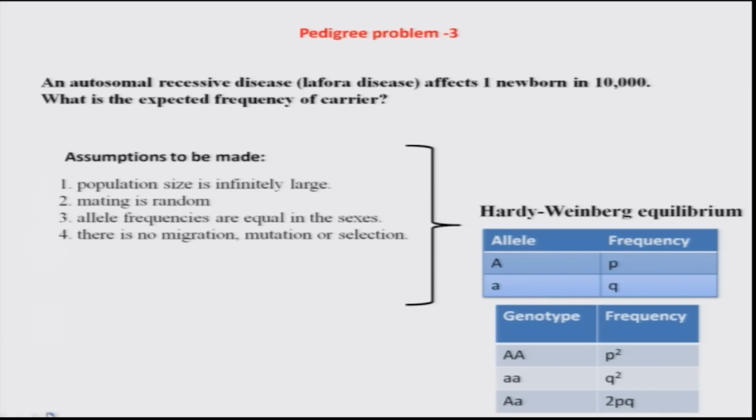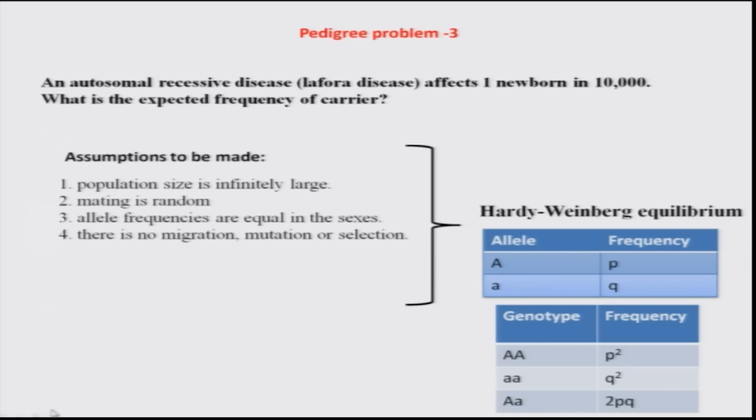So, it was proposed that if there is an allele A and its frequency is p, similarly there is another allele a and its frequency is q. Now, if you calculate the genotype frequency in the same population, the population with these assumptions, then a homozygous AA will have p square, a homozygous small aa will have q square, and the carriers, that is capital A and small a, would be 2pq.